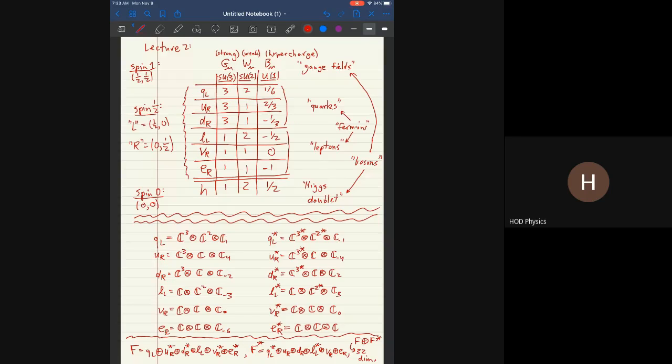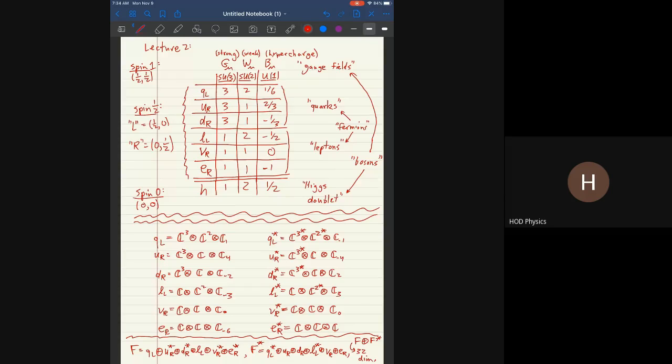The idea is that the theory is a gauge theory, meaning that the Lagrangian or action that describes the laws of nature is invariant not under a global symmetry, SU3 or SU2 or U1, but under a local symmetry, where you can choose a different element of SU3 times SU2 times U1 over each space-time point.